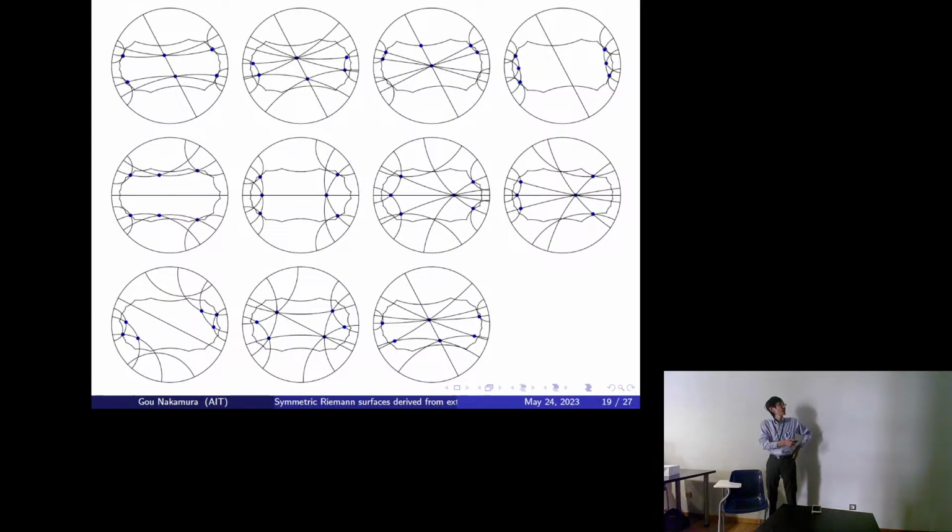For example, the first figure shows that the blue points are the Weierstrass points, and these geodesics are the axes of cyclic maps of the Teichmüller group.